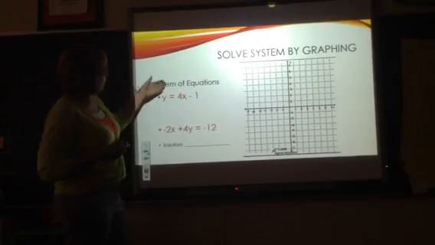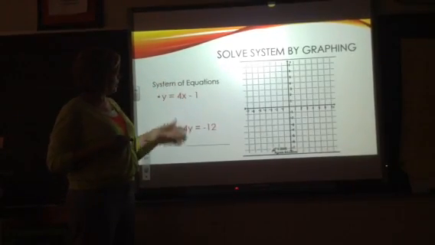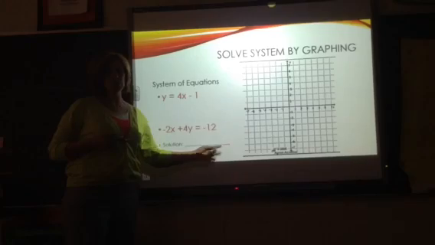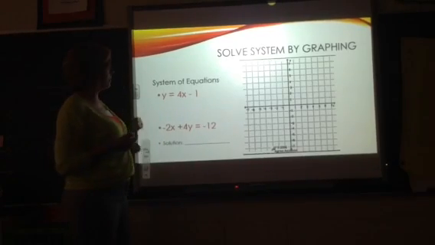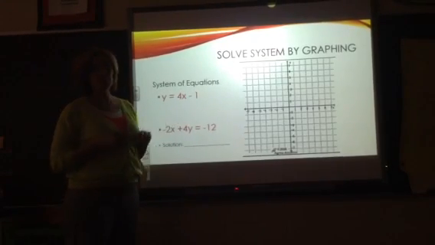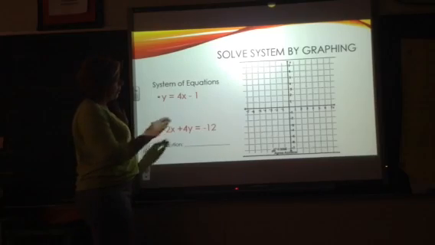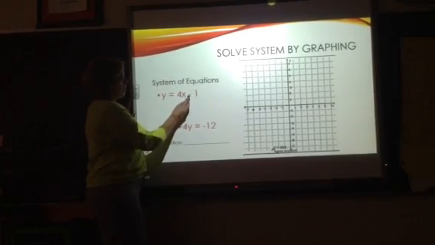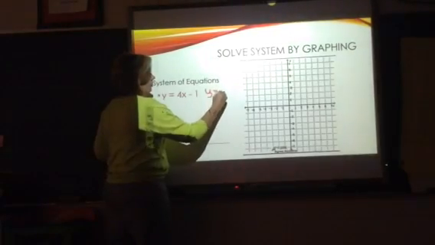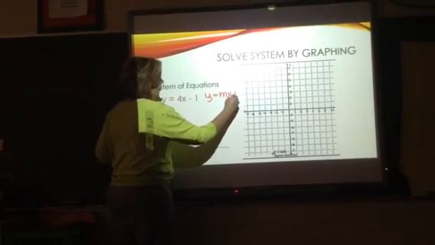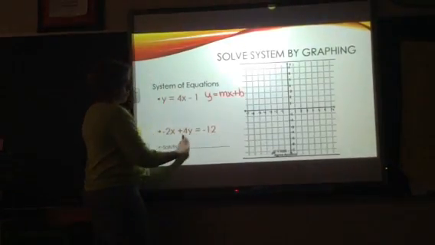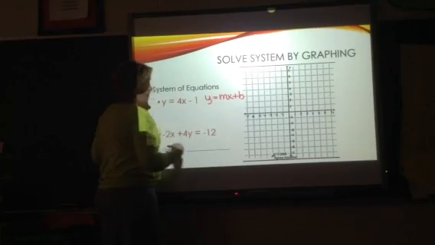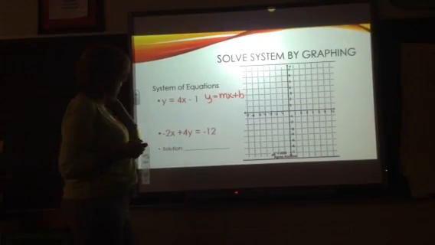Okay? So we're going to graph one system of equations and write down the solution, and then we'll graph one more system of inequalities, and I'll get you started on your practice. We can choose either method, and you see that I have the equation y equals 4x minus 1. So this, I'm going to use the slope-intercept form to graph. And then for this one, I'm actually going to use the cover-up method, or the intercepts. Okay?